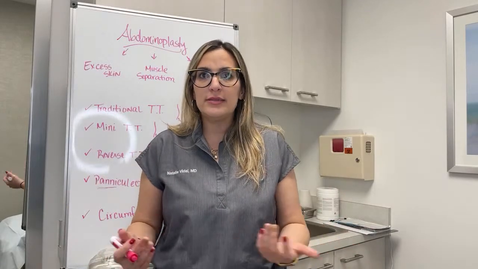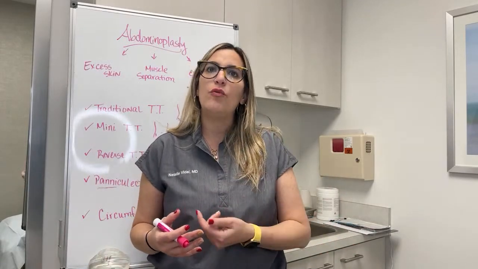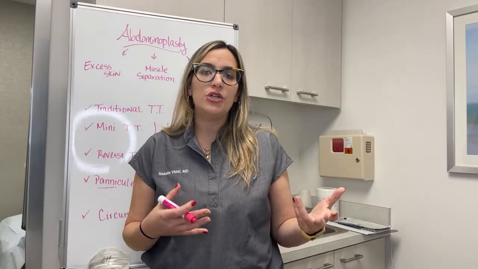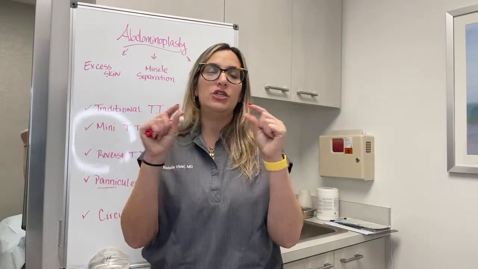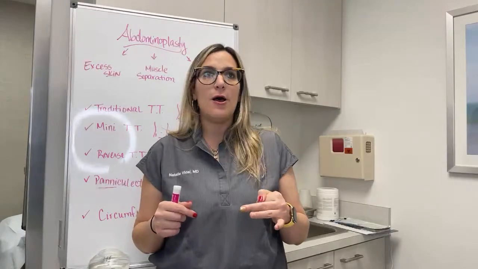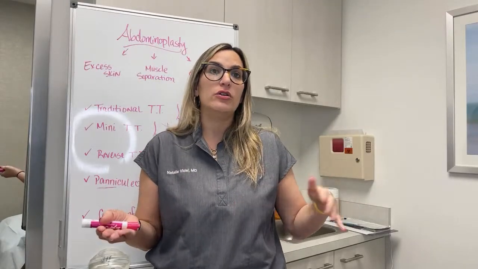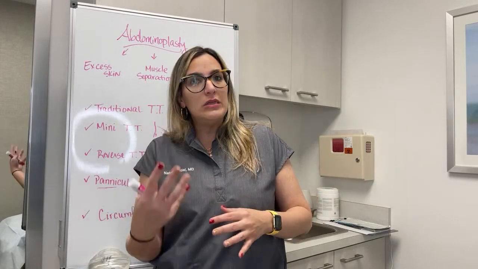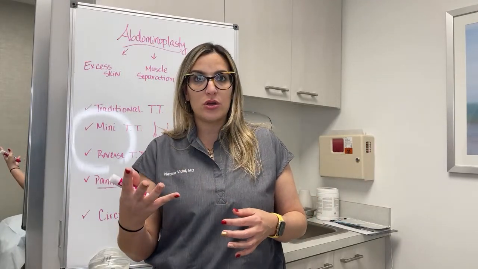The good part is that it can be taken care of with a small, minor procedure in the office with local anesthesia, excising that excess skin. The other reason that I've seen that increases the risk of having dog ears later on is because I'm combining this with liposuction.